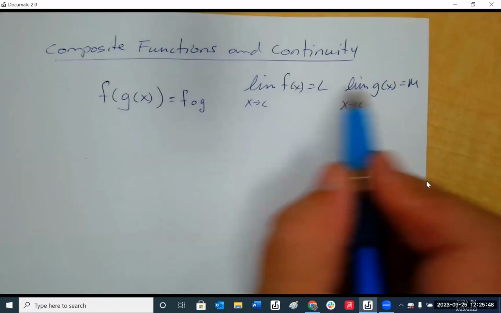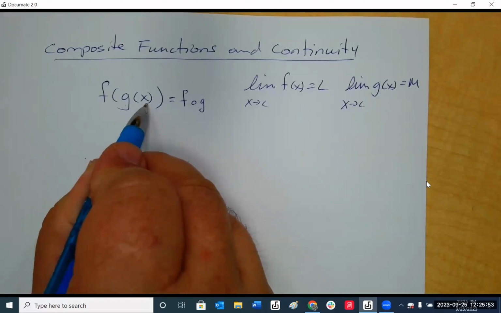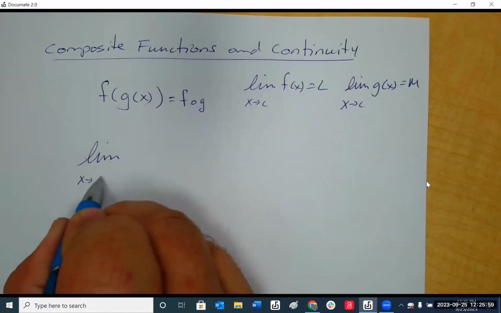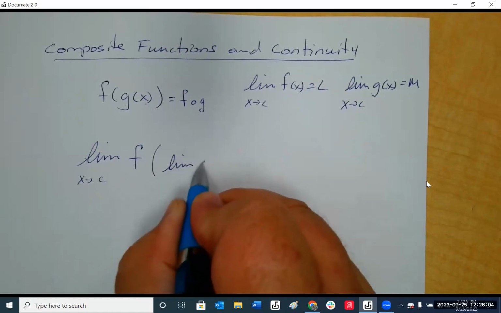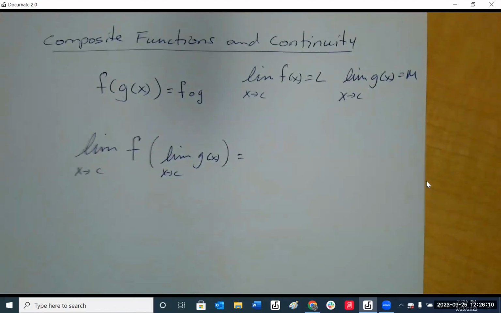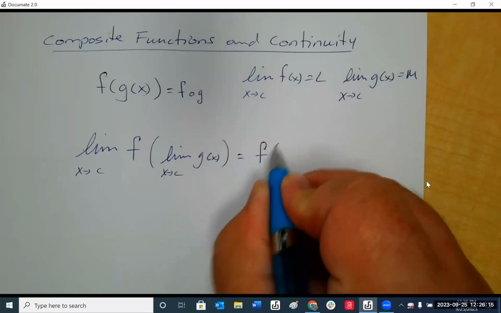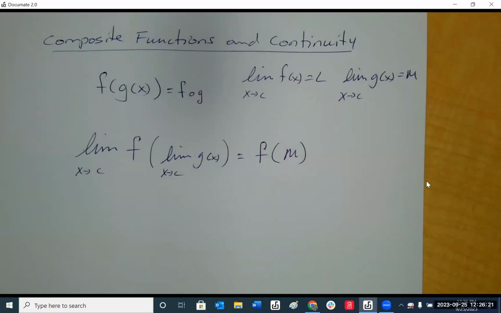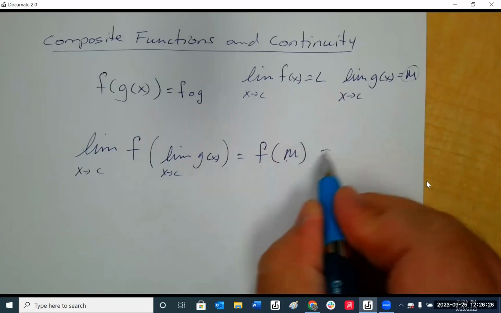Since f of x and g of x are both continuous, g of x is continuous, right? So if we take the limit as x approaches c of f of the limit of g as x approaches c, we take this value, put it inside the function f, and whatever that equals is our answer.